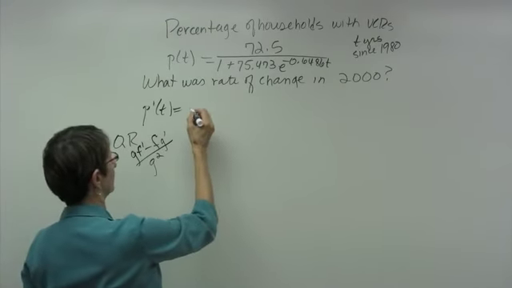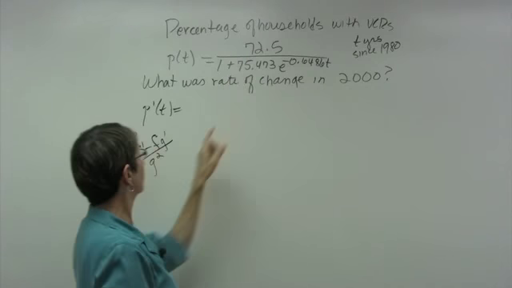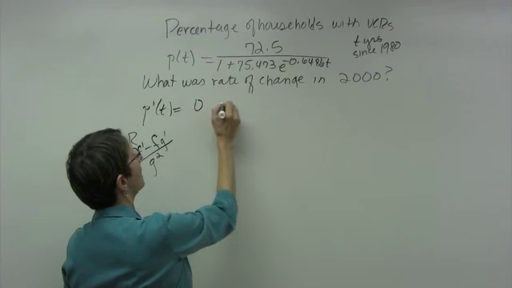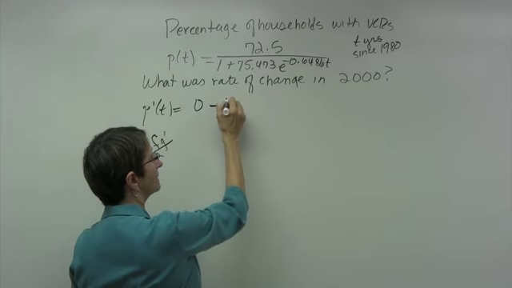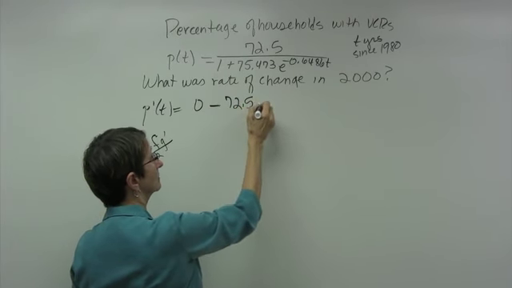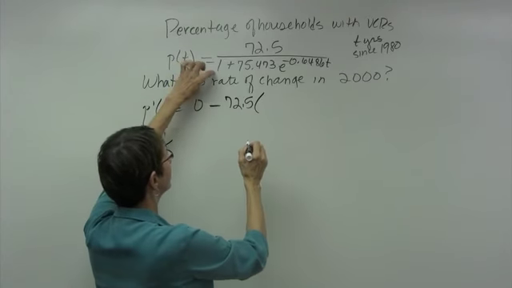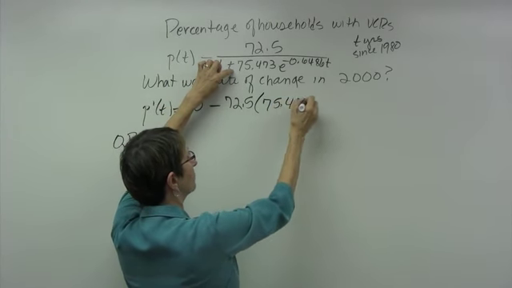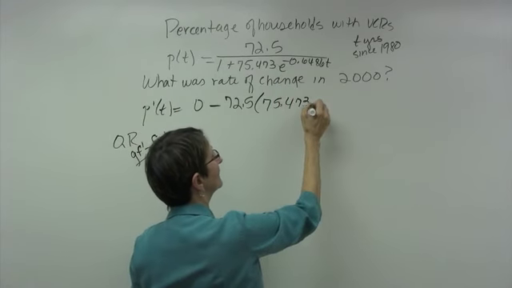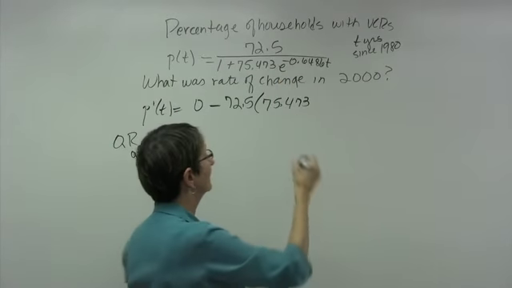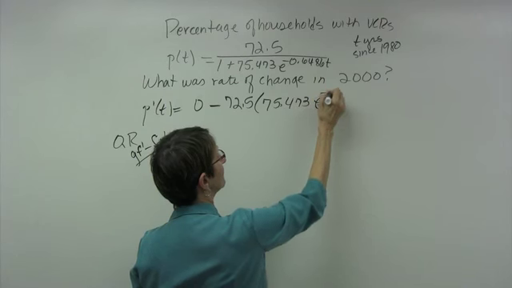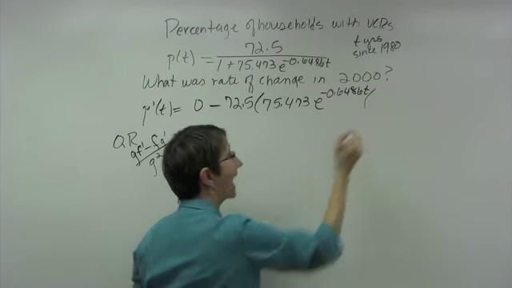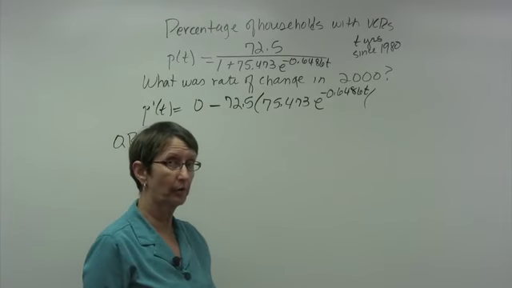Let's back this over a little bit. Bottom times derivative of the top. Bottom times 0 is 0. Minus top times derivative of the denominator. Derivative of the denominator is 0 plus 75.473 times the derivative of the e, which is e to the negative 0.6486t times derivative of the exponent.